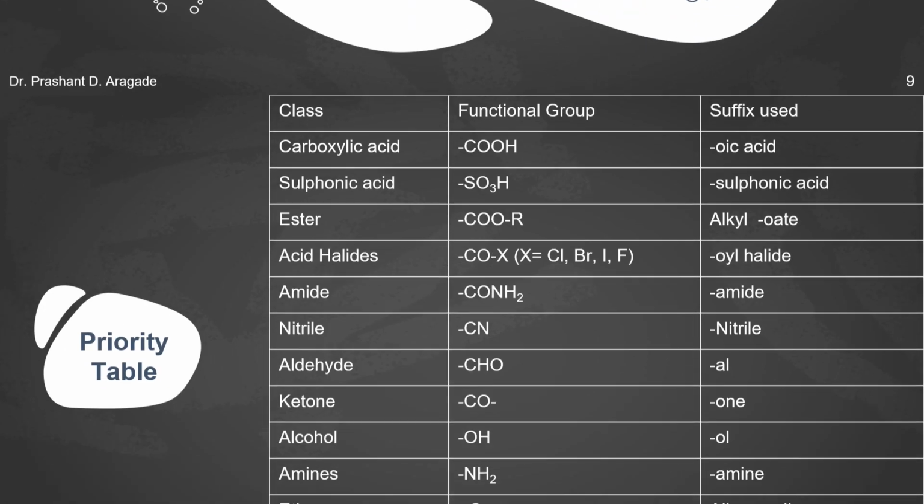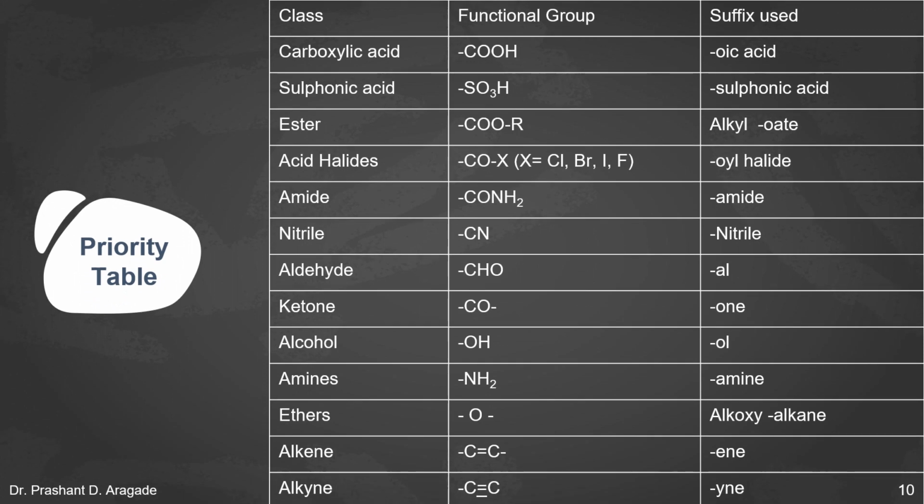So this is the priority table. Carboxylic acid secures the highest position in the priority table and alkyne secures the lowest position. You need to remember the sequence of these functional groups as per their priority order.